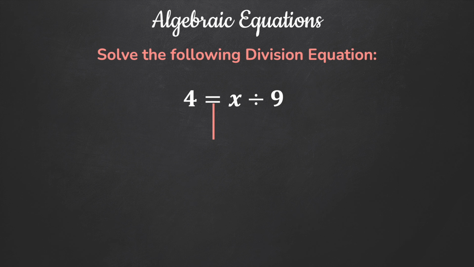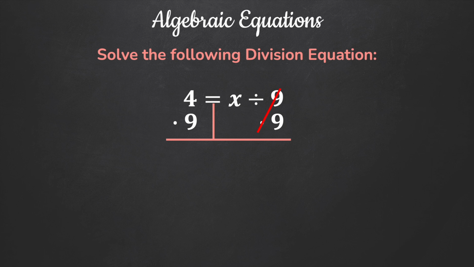And in order to do that, we're going to go ahead and multiply by 9. And whatever we do on the right side, we also have to do on the left side. Now keep in mind that when we divide a number by 9 and multiply it by 9, we're going to end up with that original number, so these actually cancel each other out.